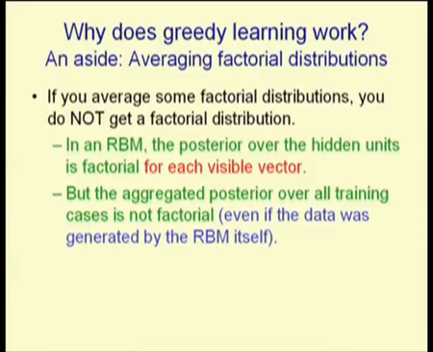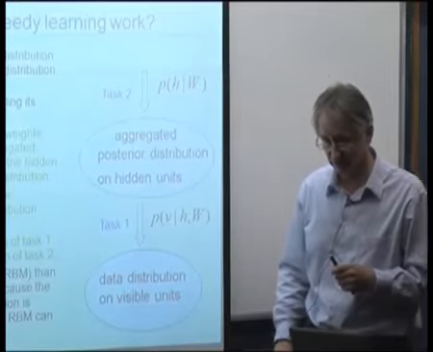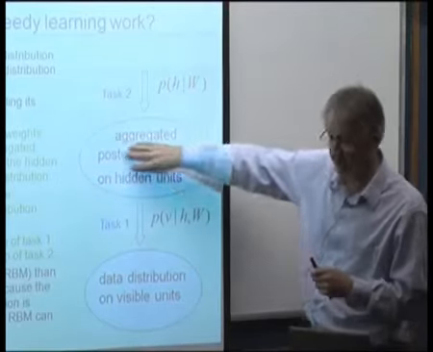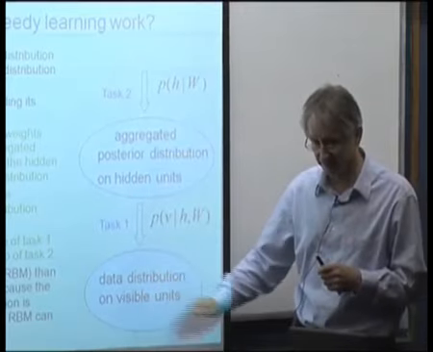Here's one picture of what greedy learning is doing. We're learning some weights that connect hidden units to visible units. And these weights are doing 2 things for us. The weights definitely define, given a hidden vector, what the probability is of turning on each of the visible units. So given a distribution over hidden vectors, they define a distribution over visible vectors.